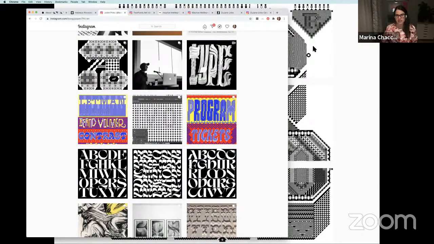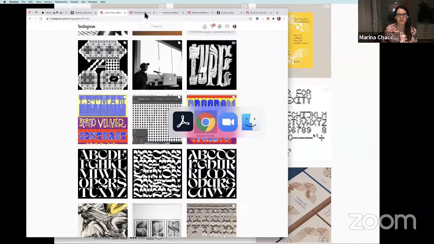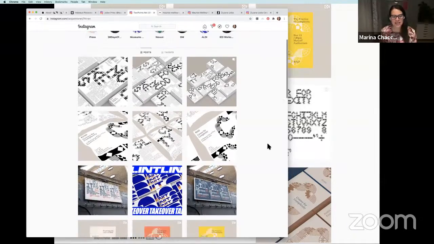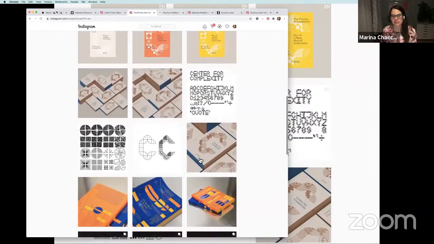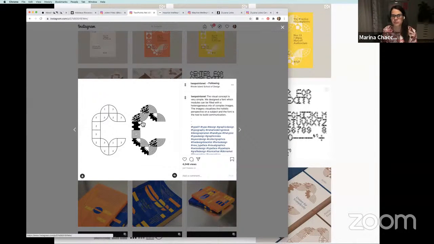In the same way, thinking about programming and rules, there's this project by Two Points Net, who are my brand new colleagues at KABK. For the RISD identity, they developed a rule for how things should be composed.